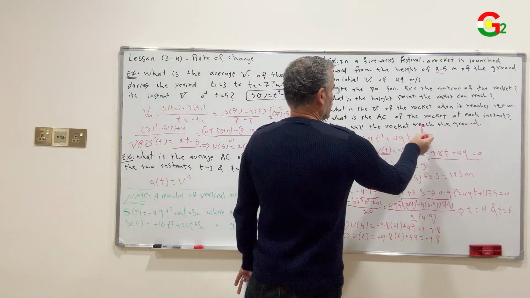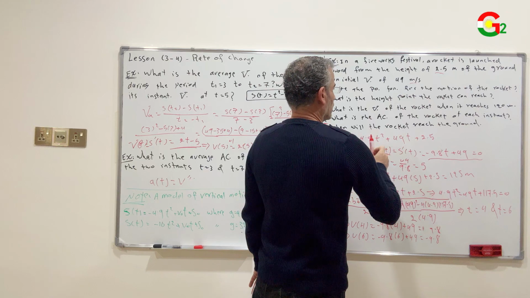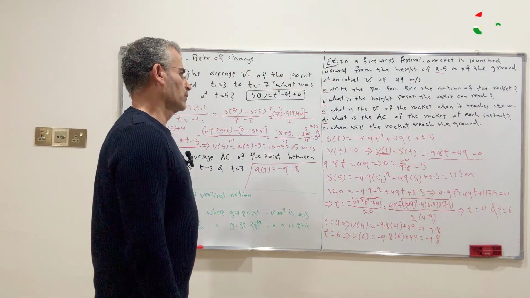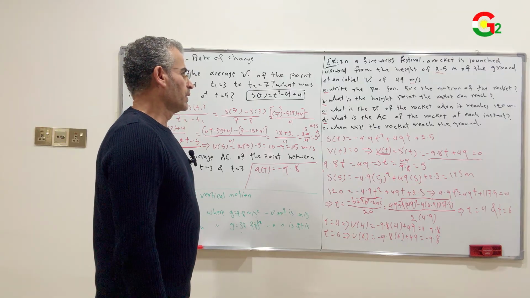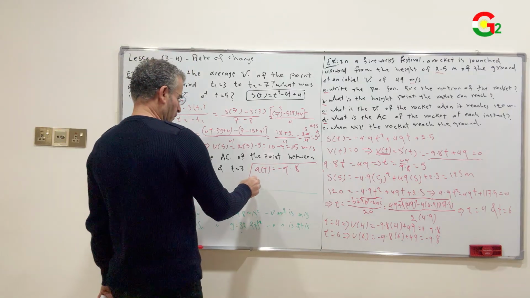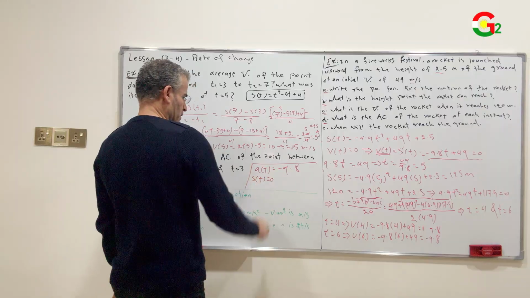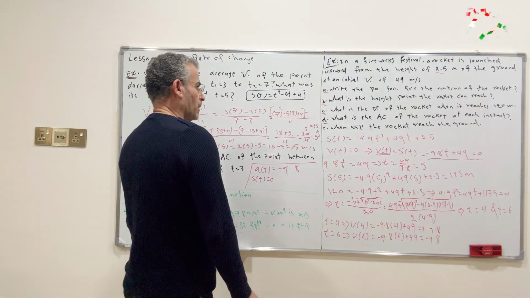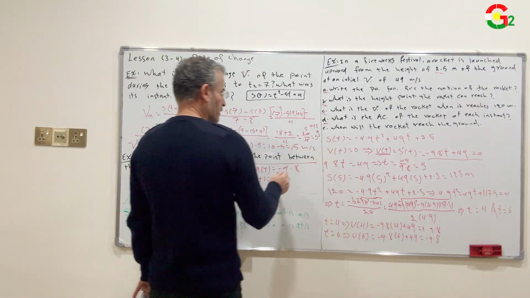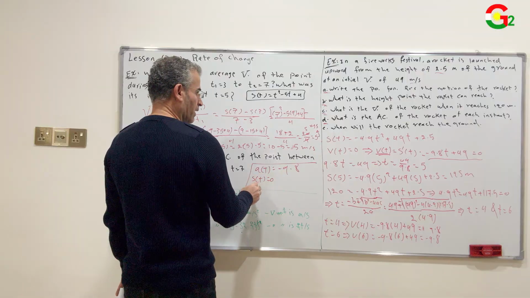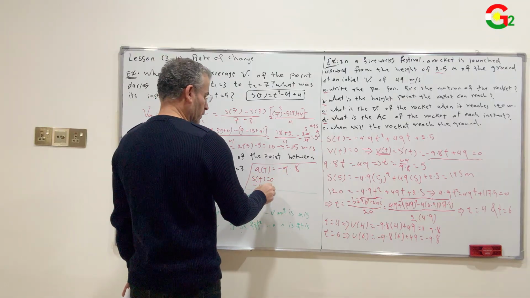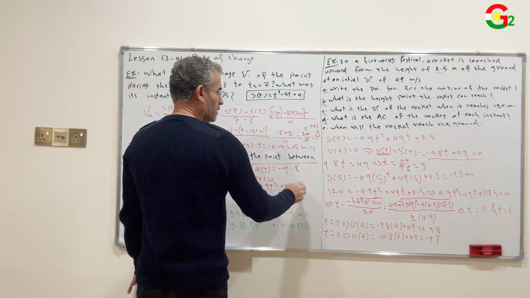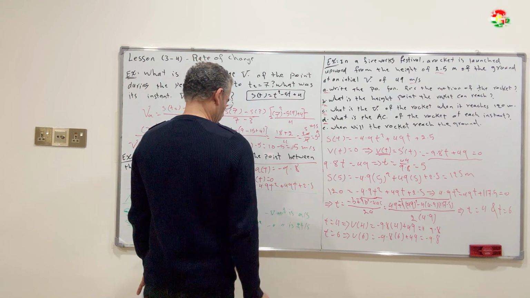When will the rocket reach the ground? The rocket reaches the ground when the position function equals 0. Then set s of t equals 0 and find the value of t: negative 4.9t squared plus 49t plus 2.5.